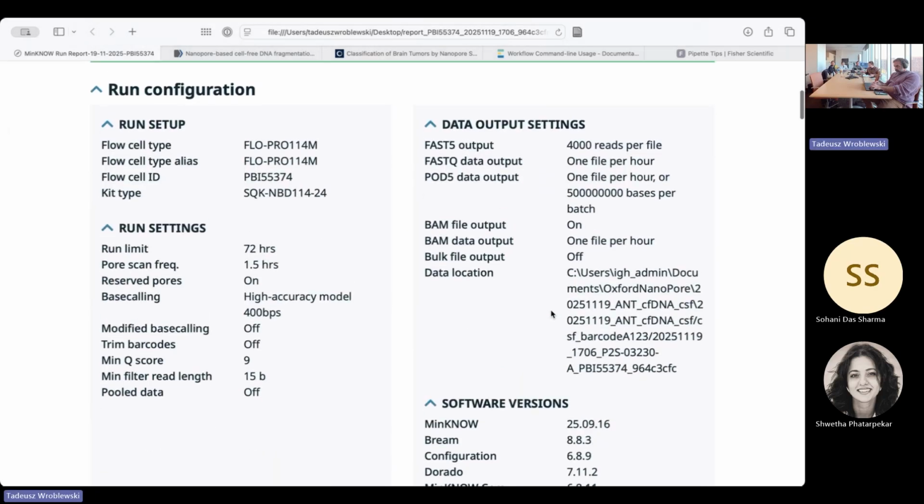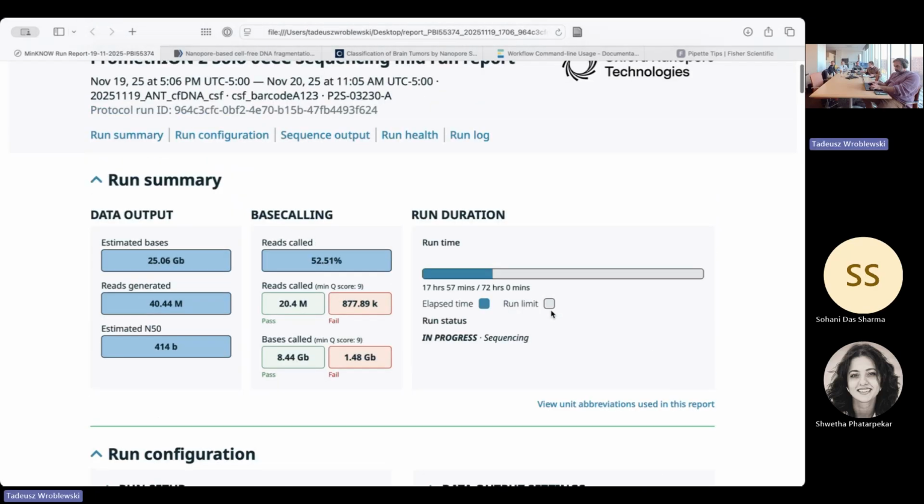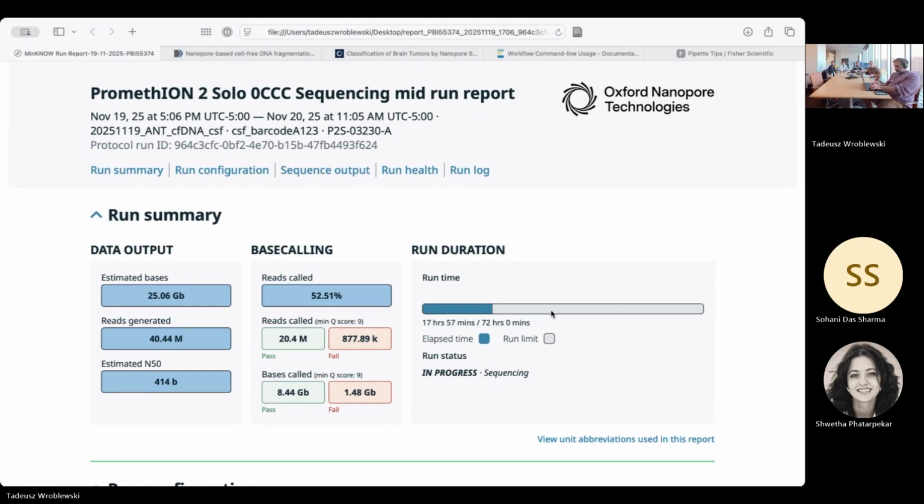Let's see how much data is generated for this one. The reads generated are not that much, close to 40 million only. But it's only close to 20 hours as well. That's probably what we expect.